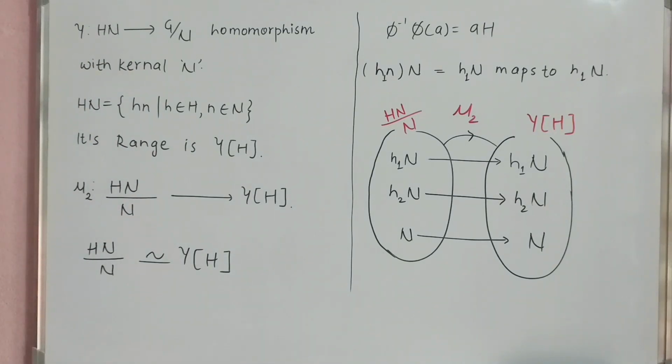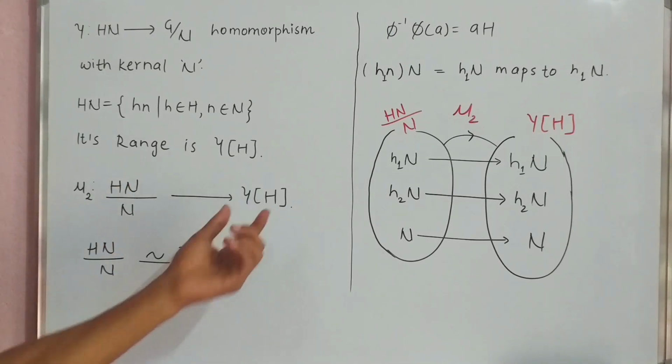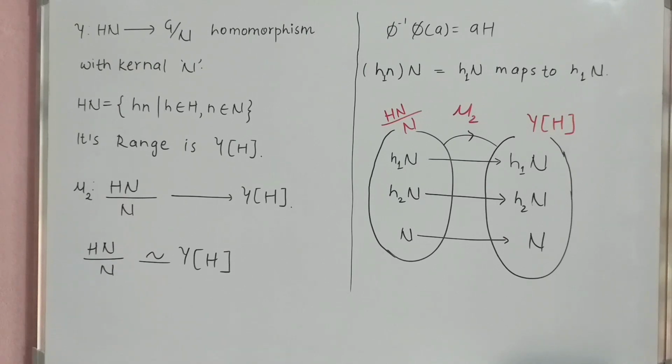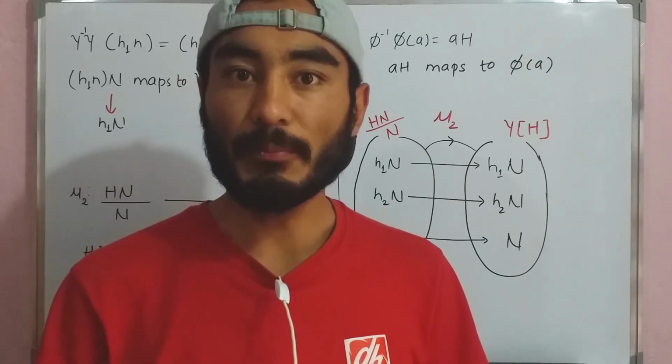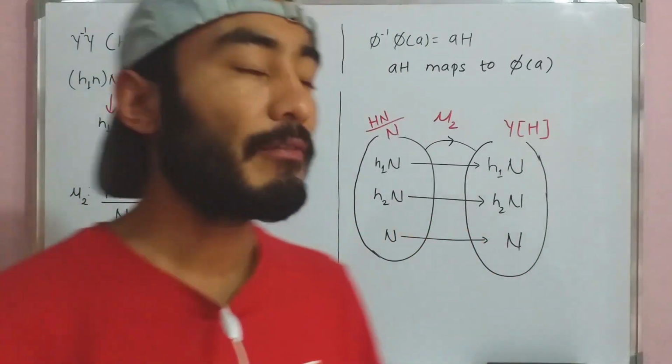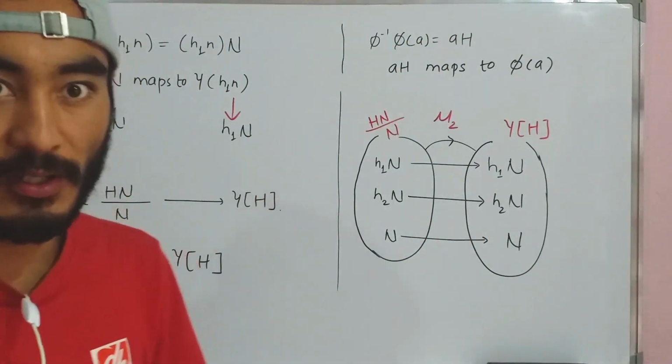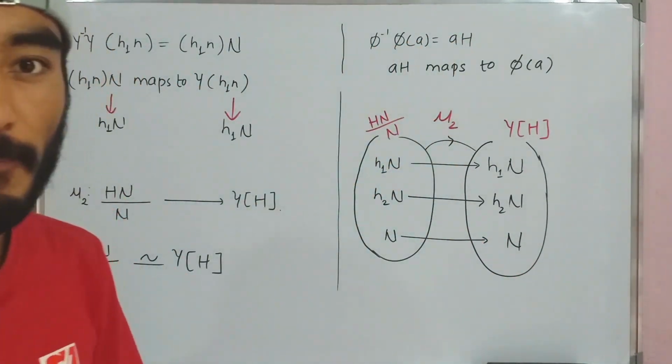And now from the first fundamental theorem, we can define an isomorphism from the group HN by N to gamma H, and let that isomorphism be mu2. And this shows the group HN by N is isomorphic to the group gamma H. Now we define the function mu2. And again we recall the theorem phi inverse phi A equals AK, where K is the kernel of phi.